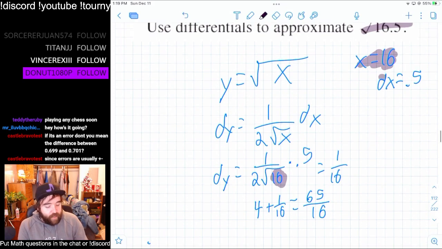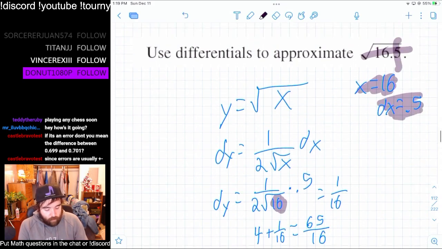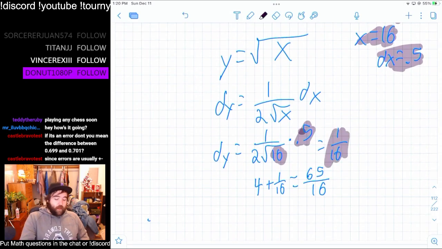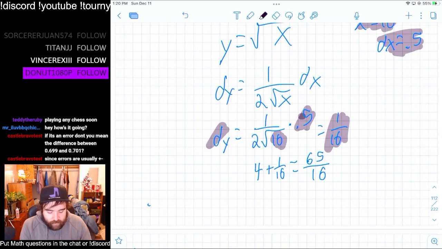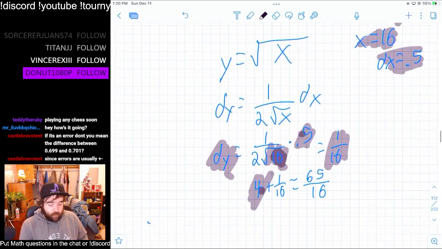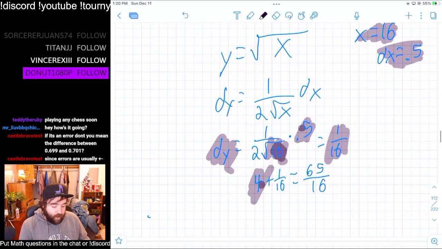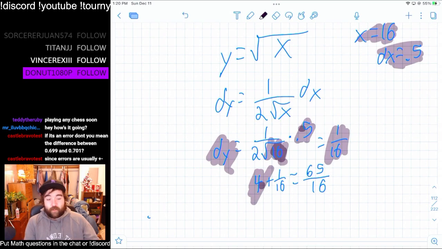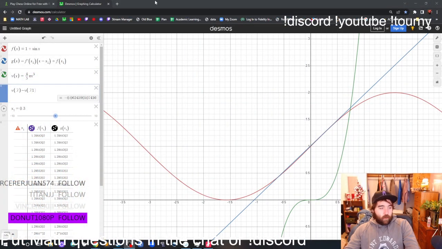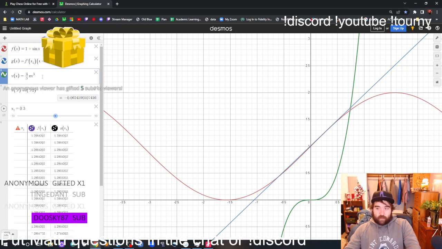I used the dx of 0.5 since we're trying to do 16.5, and that got me 1 over 16. I said that is dy, so that's just the change in y. So you start at what we knew, which was the square root of 16, and add on that 1/16. That should be a decent approximation. And now, risking forgetting to go back, we're going to come back to Desmos and test that out.